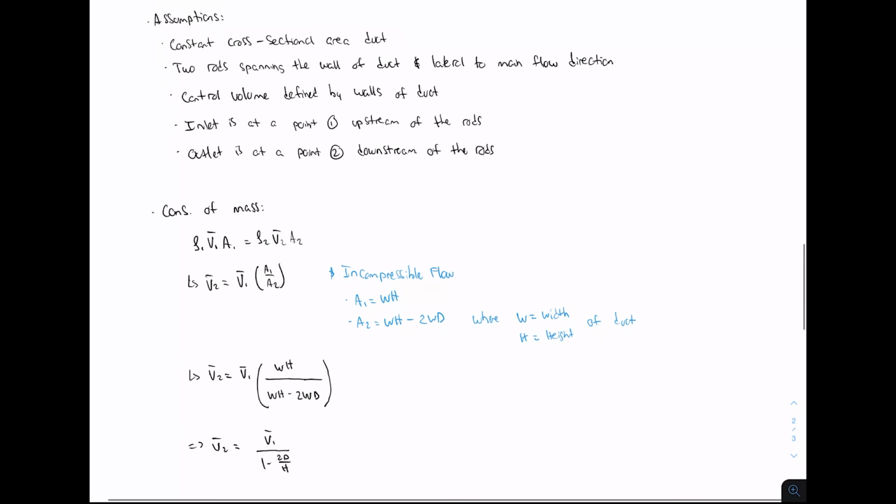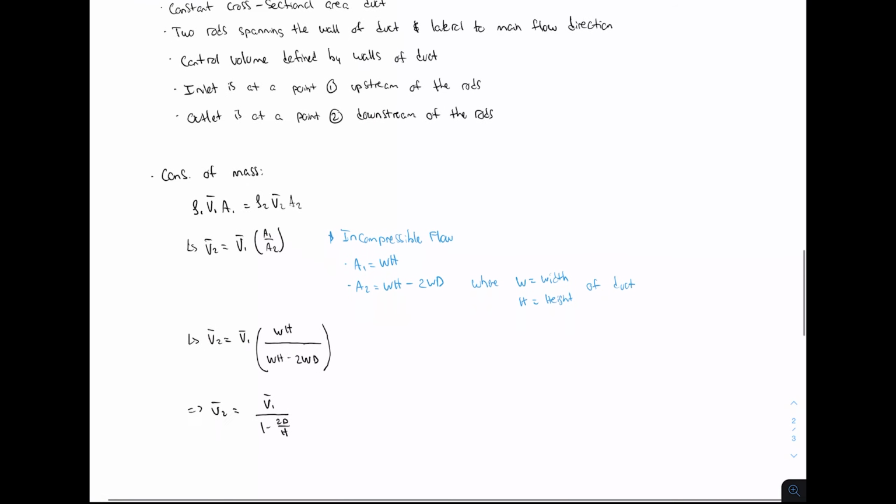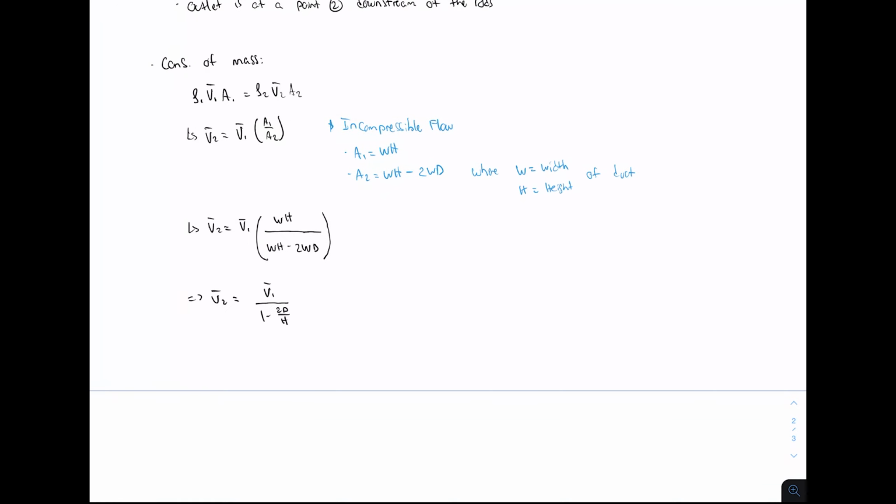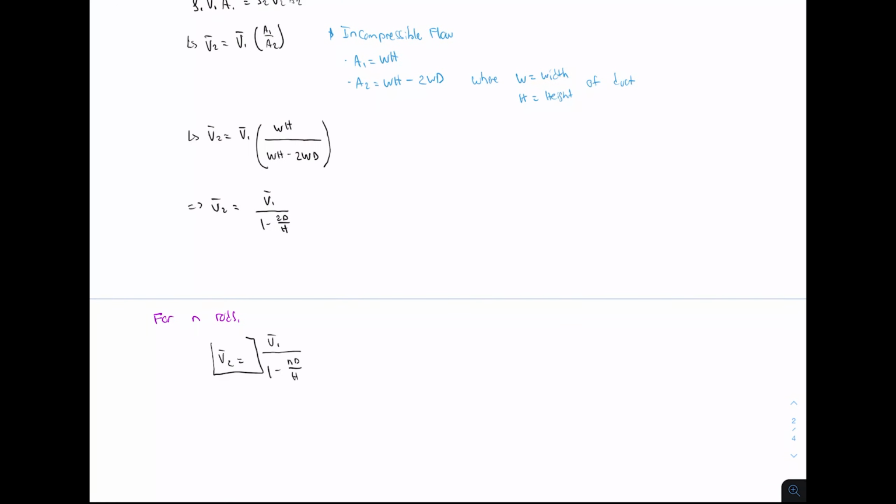And then we have a generic form for the outlet velocity for this cross-flow heat exchanger. All I did is replace the 2 with an n, and now we have our expression for the maximum velocity in this heat exchanger system.